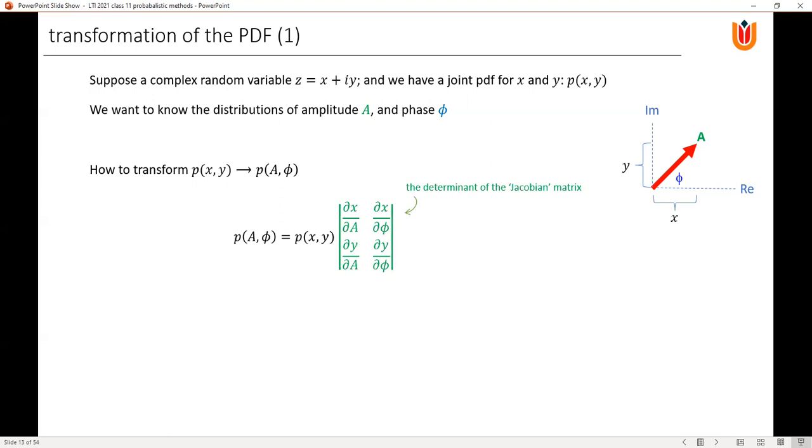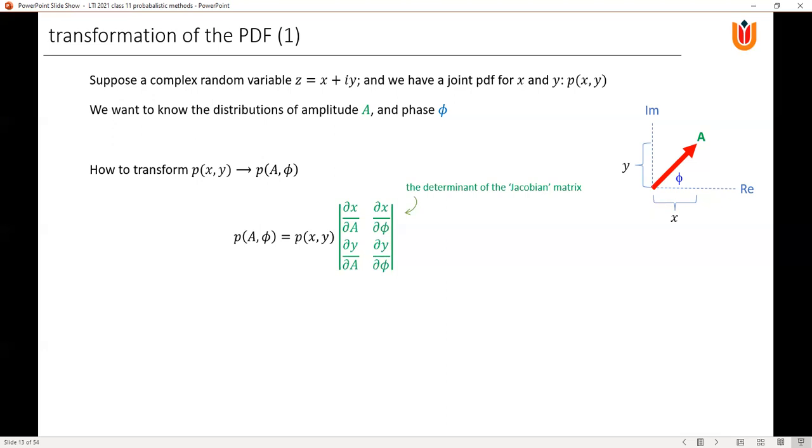The answer is, you can use the same expression, but you have to calculate a scaling function that is the determinant of what is then called the Jacobian matrix.